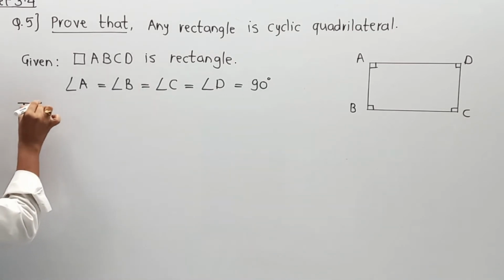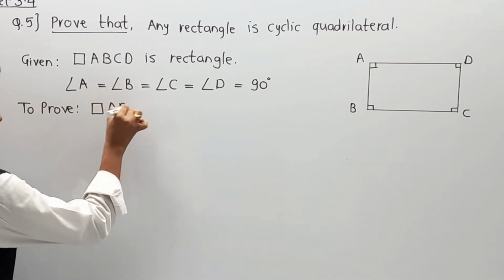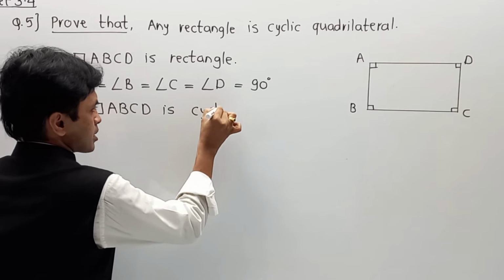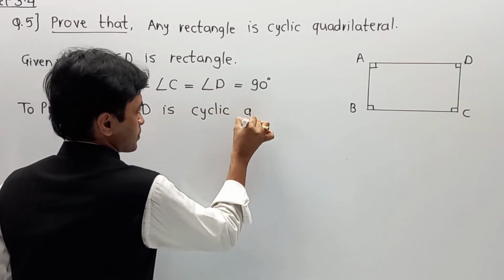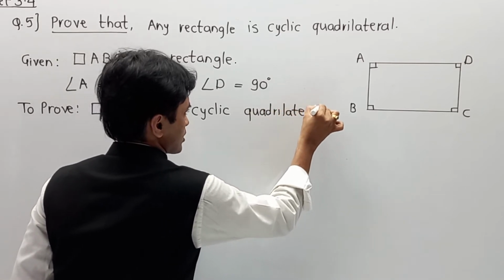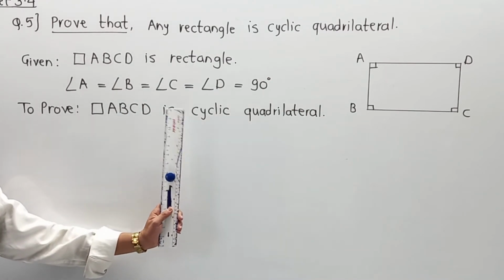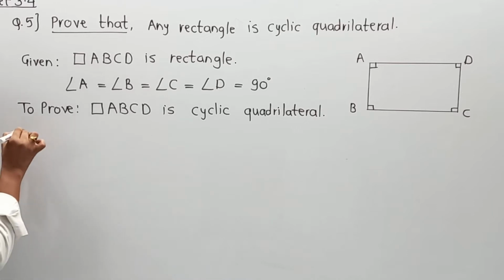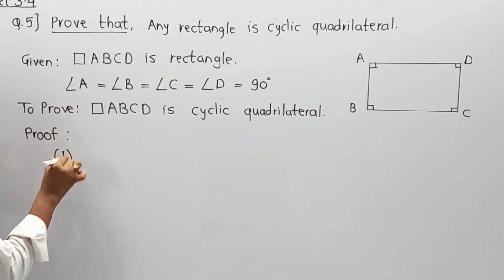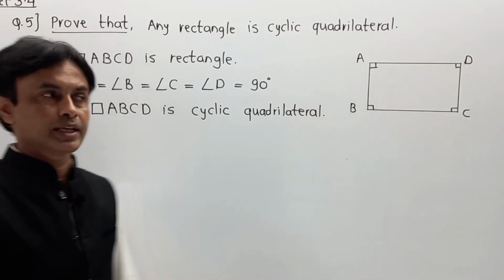To prove: ABCD is a cyclic quadrilateral. That is what we have to prove here. Now a part of the proof. From the diagram itself, angle A plus angle C is 180 degrees.